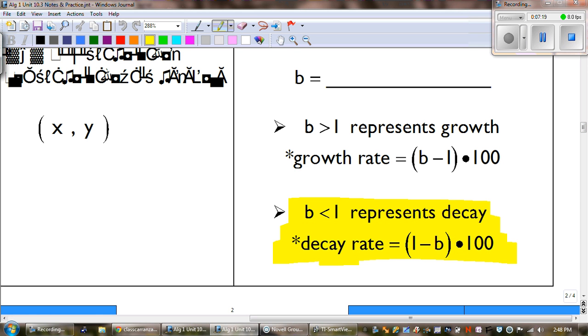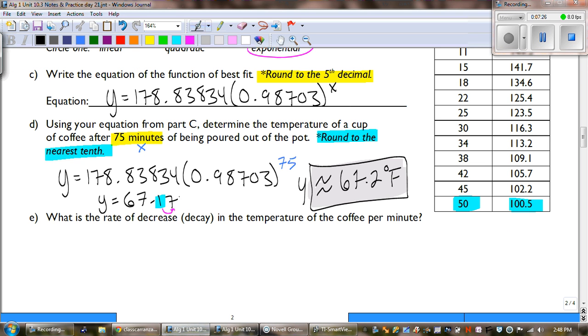It's decay. So we have to do 1 minus B. Okay? So to find that, in parentheses, we do 1 minus 0.98703, and then we're going to times that by 100. And that's going to tell us what the percent of decay is.